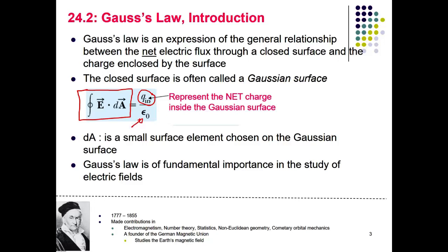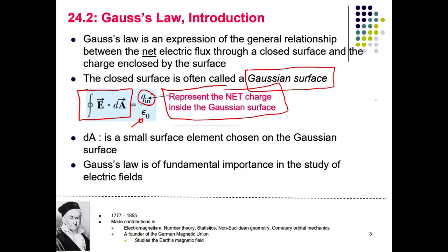This is important. Q enclosed is the total charge inside the surface, and that surface we usually call the Gaussian surface. So if you take any surface, for example, if you remember the previous example, the box.